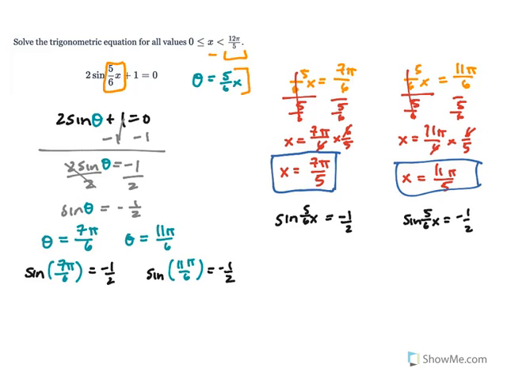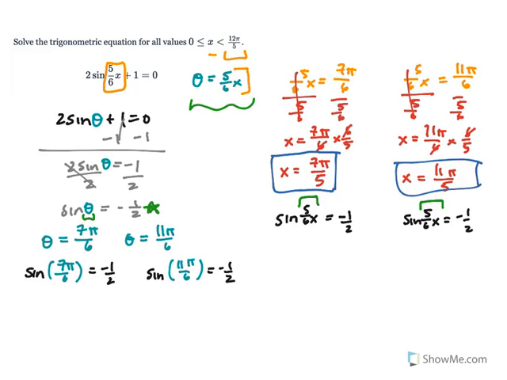If we think about sine of theta equals negative 1/2, we're just plugging in theta, or that theta equals 5/6x here and here. So we just substituted it in for theta based on this equation that we had up here.